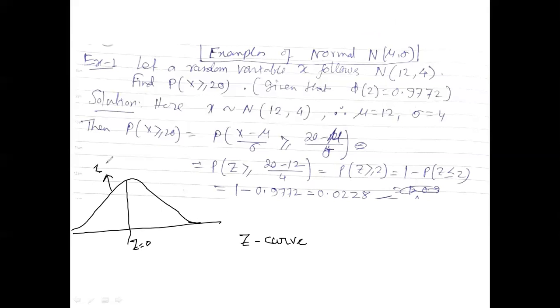Assuming z equal to 2 is here, because the point is 2, and we have to find greater than or equal to 2, so we stick with z equal to 2. So what is the probability z greater than or equal to 2? That is the right part of this. This is the probability curve of z, so the probability of z greater than or equal to 2 is the right part of this.